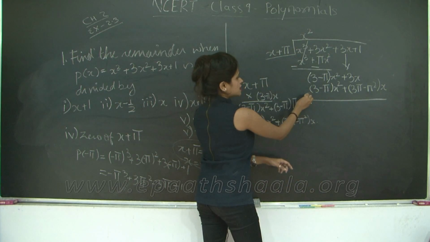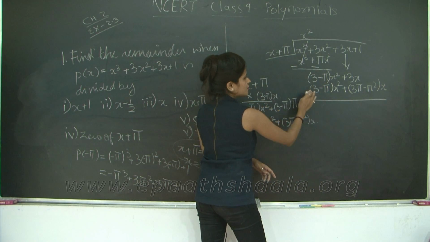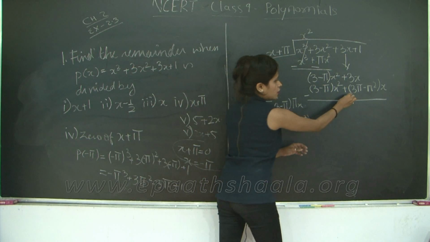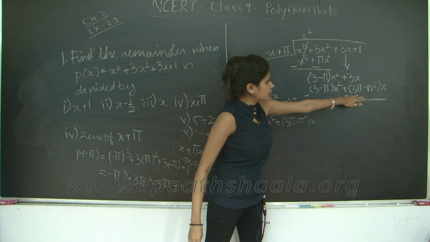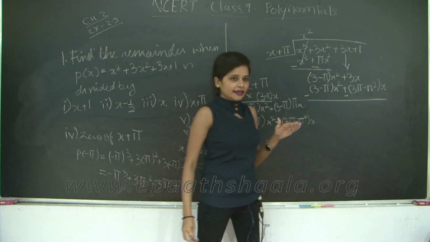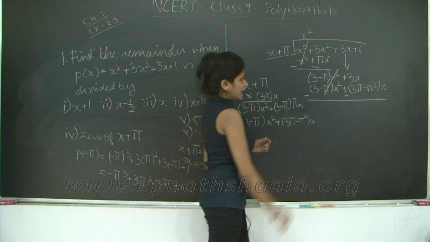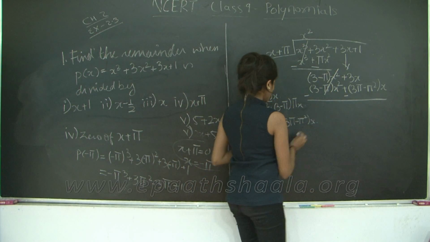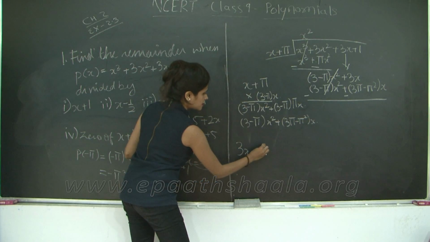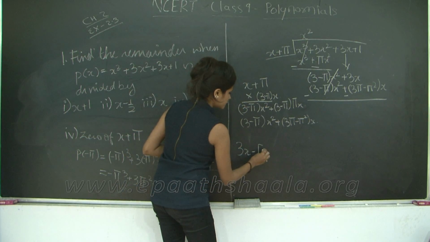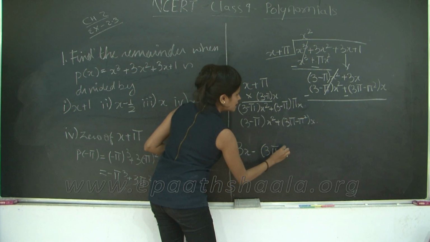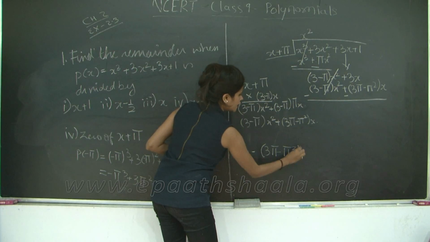Now this is a positive term, so it will become negative. Negative is for this entire term, 3 minus pi into x square, and again this will also become negative. So what is negative? 3 pi minus pi square into x, this entire term is negative. This gets cancelled, okay? Now we have 3x minus 3 pi minus pi square into x.